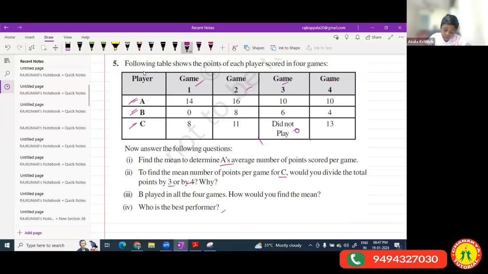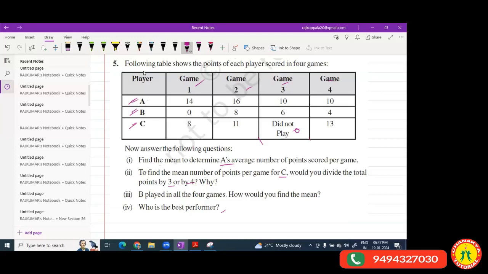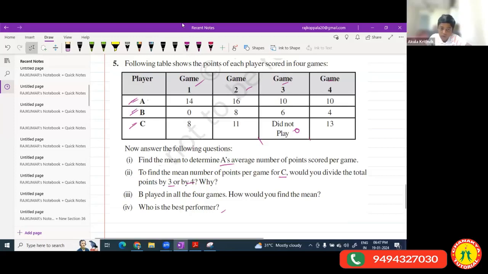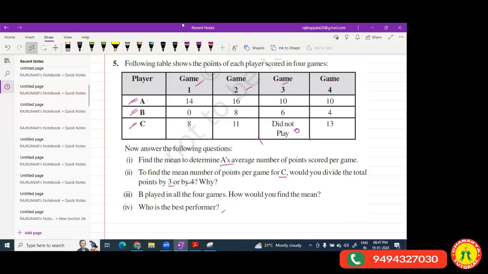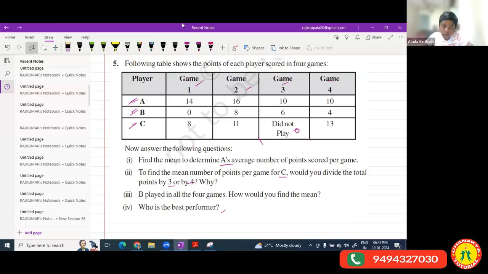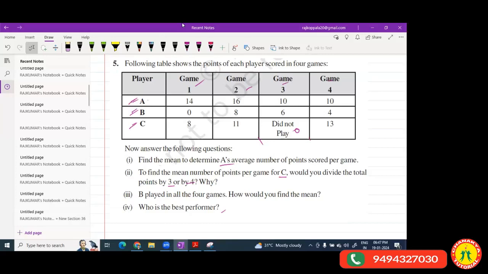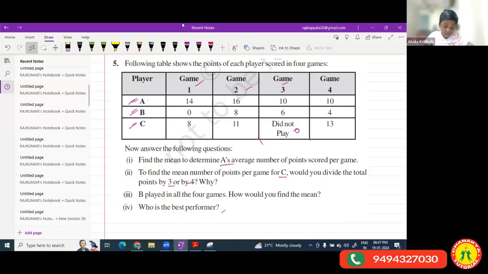Sir, even if we keep 0 as a value, what will happen? Zero. Did not play means zero. Sir, even if we keep 0 as a value, there will be no difference in the mean, right?